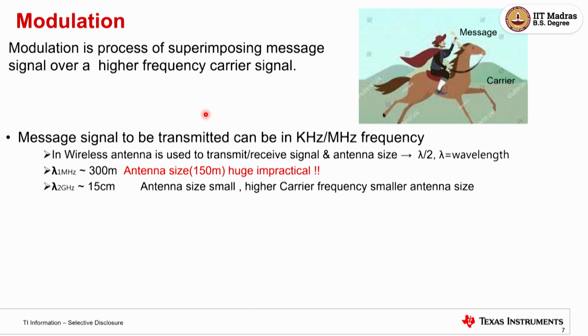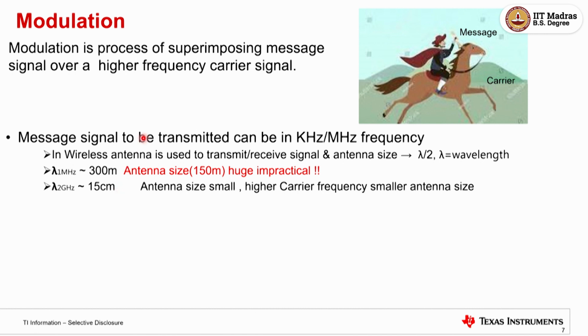Let's say I generate a 1 megahertz signal, and what is the wavelength of it? Wavelength is the speed of light divided by the frequency. It's inversely proportional: the higher the frequency, the lower the wavelength. So 1 megahertz translates to 300 meters.